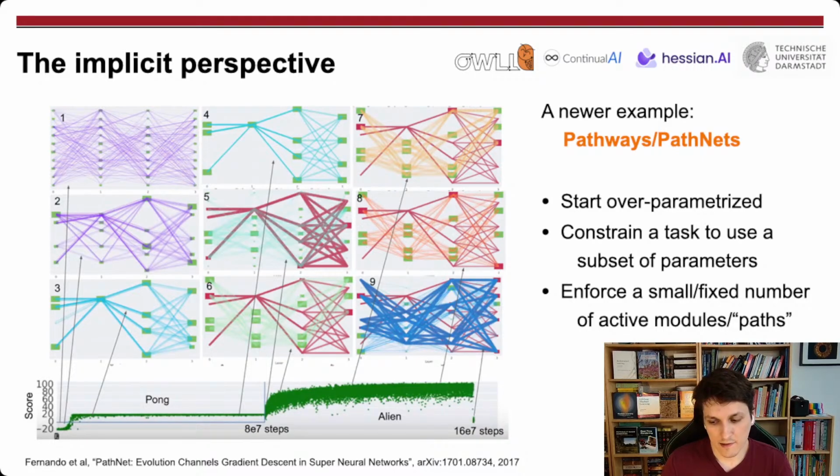We can take a look at this in another example, which becomes maybe more visually clear if we take a look at how this has more or less recently been implemented in a deep neural network variant. So here you see a deep neural network trained on some reinforcement learning tasks on Atari games specifically with two hidden layers.